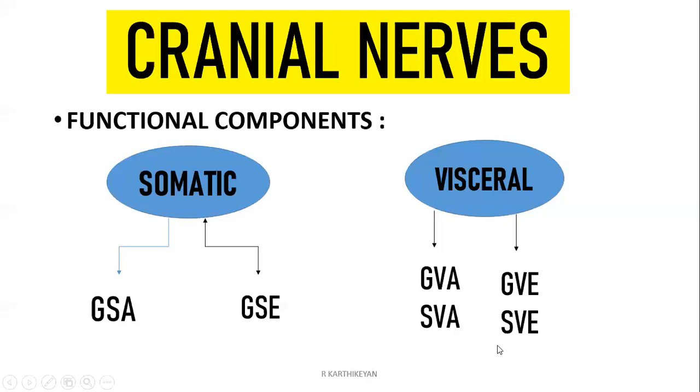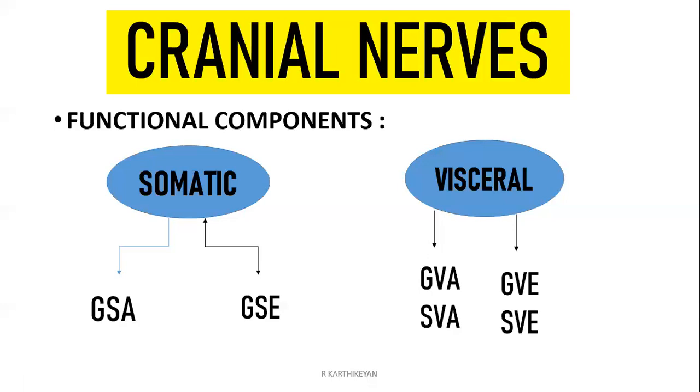So specially, what is this going to do? It is only present in your tongue. It carries your sensation from your tongue. So special visceral afferent is only found in your tongue, that helps in taste sensation. So specially, what is the sensation present in a viscera? This taste sensation. That is going to be carried by SVA.